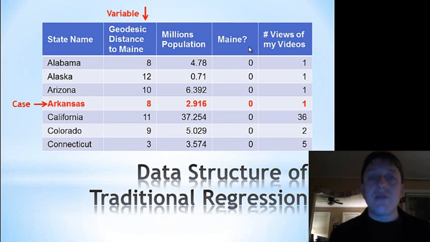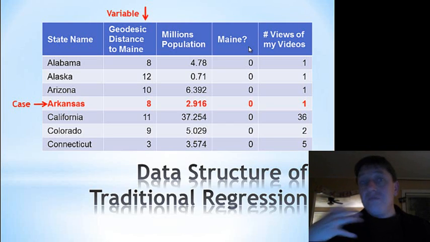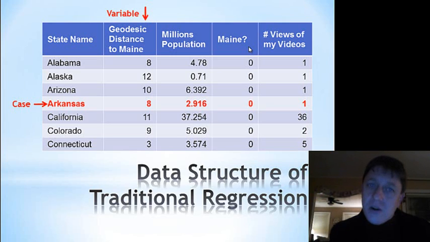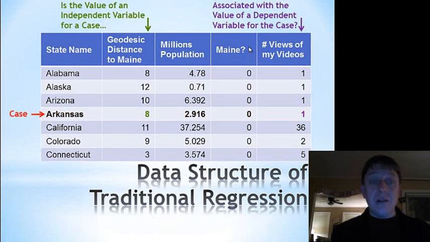And there is one person from Arkansas who's viewed my videos in the last year. This is the traditional way, 11 out of 12 undergraduate classes, you will see information presented. Cases in rows and different variables in columns. It's all in one table.